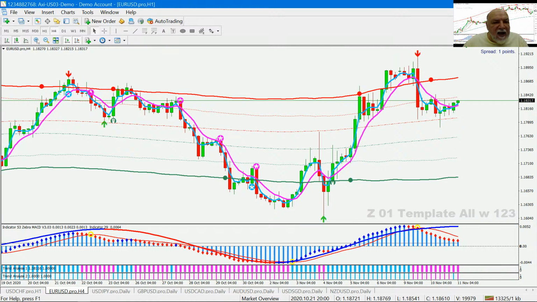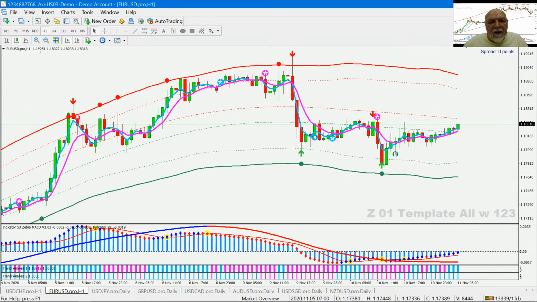Let's try the hourly. On the hourly, I'm right in the middle of the channel, so that disqualifies any opportunity for trading as far as I'm concerned, because anything can happen, go up, come down. And we can see that the channel is actually getting tighter.